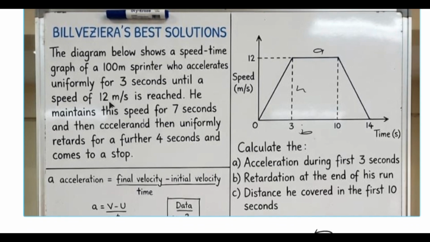The question reads: the diagram below shows a speed time graph of a 100 meters sprinter who accelerates uniformly for 3 seconds until a speed of 12 meters per second is reached. He maintains the speed for 7 seconds and then decelerates for a further 4 seconds and comes to a stop.